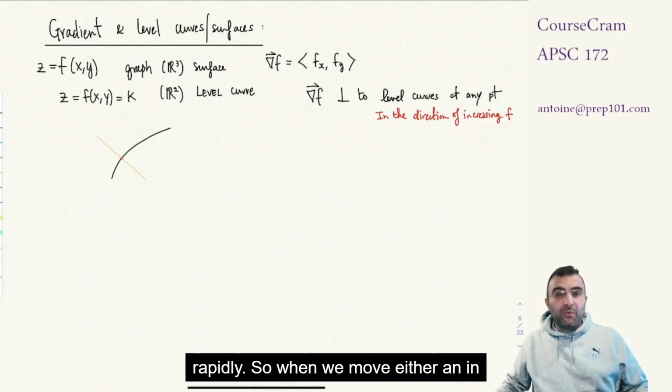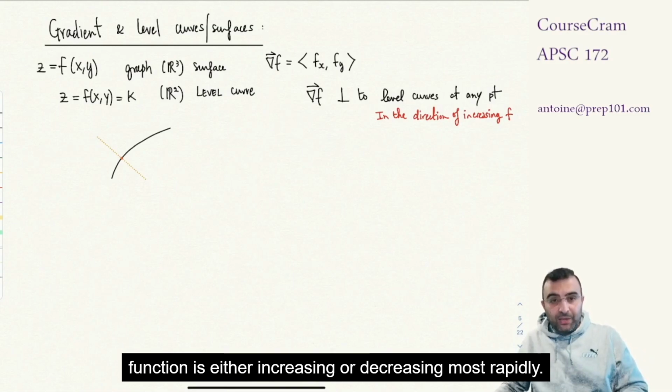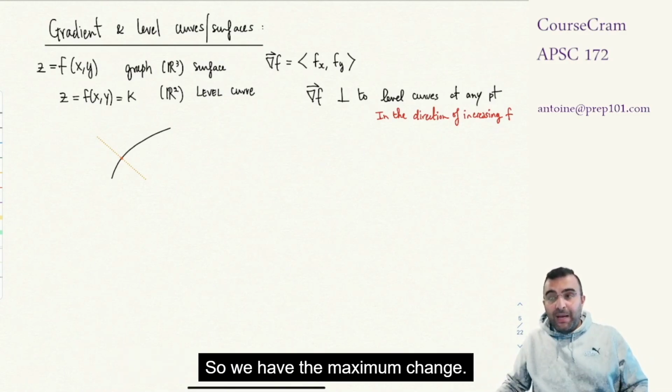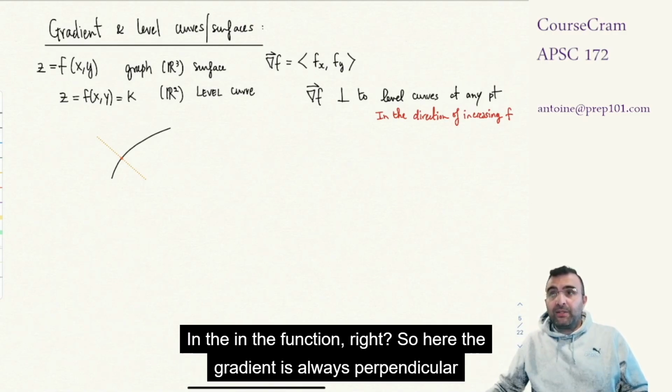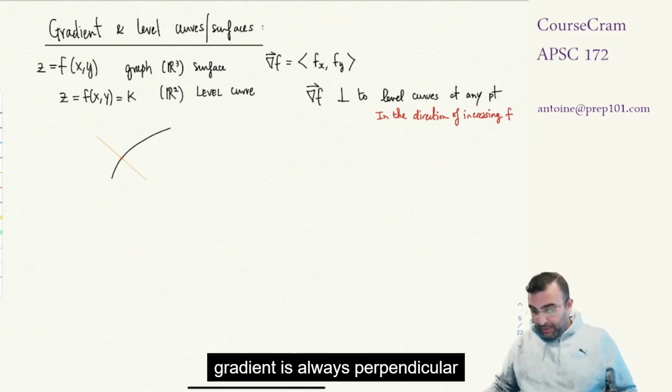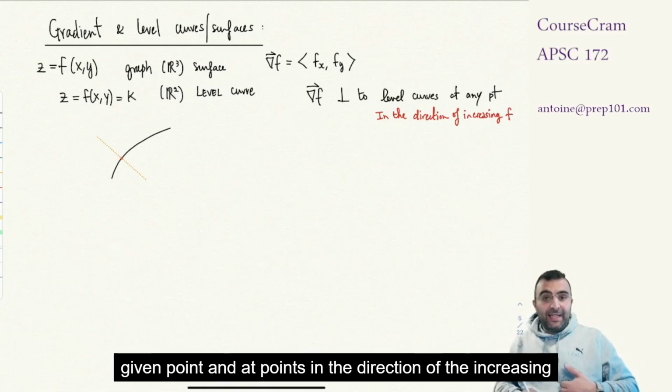So we have the maximum change in the function. Here the gradient is always perpendicular to the level curve at any given point, and it points in the direction of increasing z.